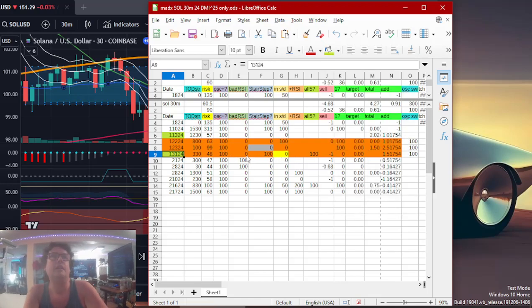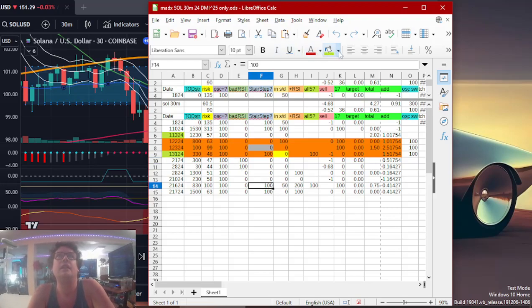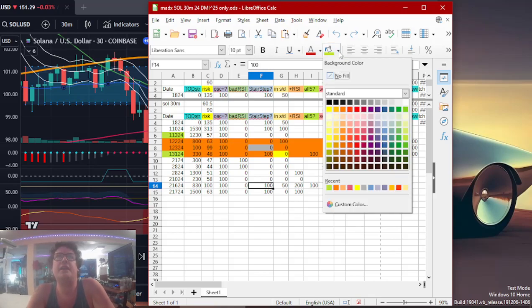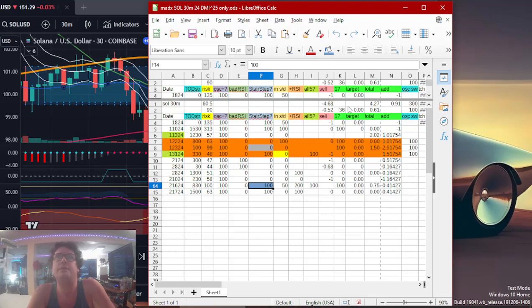Alright, so we already did these ones. So what we're looking for is stair-stepping on the ones that are not oscillator switch, and we'll make those blue. Or we're looking for the ones that are not stair-stepping, rather.